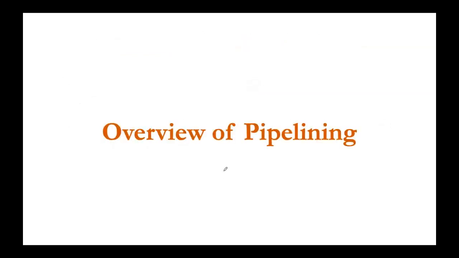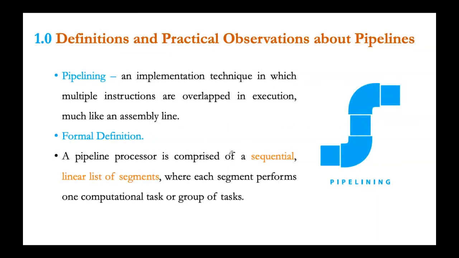So in the overview, the definition and the practical observation about pipelining is this: you can find the instruction fetching stage, instruction decode, execution stage, memory access stage, and the write back stage.